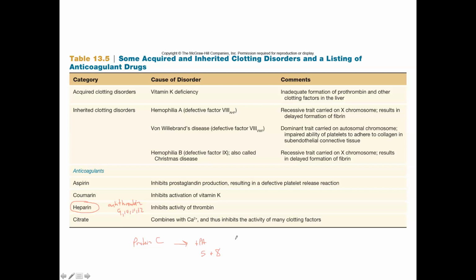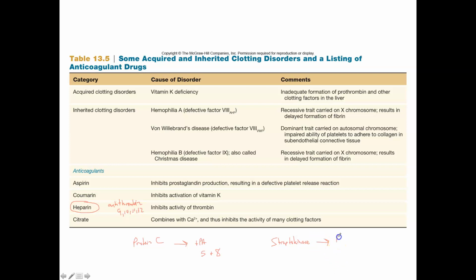Another way to prevent clotting is through fibrinolytic drugs that are used to prevent clots. A good example of that would be streptokinase. Streptokinase is actually a bacterial enzyme, and this bacterial enzyme is used to activate plasminogen.